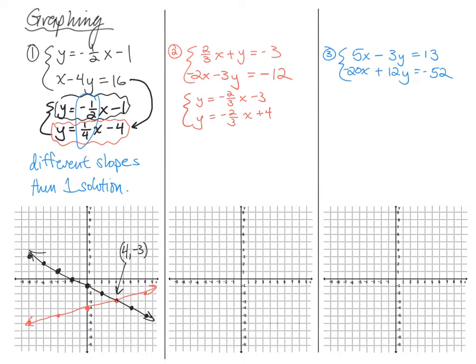Okay, so moving down to graphing, the first equation here I will graph in red. So we start at -3 and we rise and run, down to the right 3. Up to the left 3, there, and there.